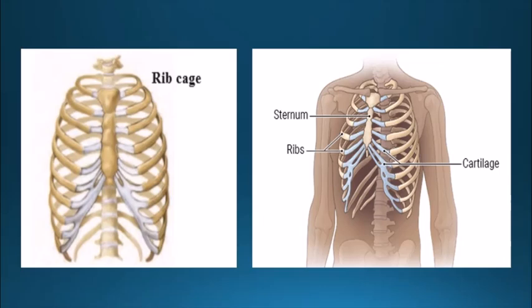The sternum is the flat bone. The chest bones are called the rib cage. Now why are they called the rib cage? Because they form a cage structure, and that is the reason it is called a rib cage, because of forming a cage-like structure.